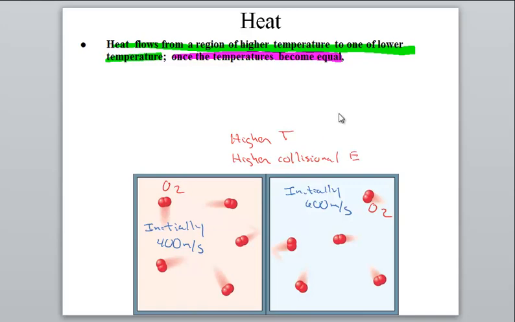If the average speed is higher on the right-hand side, it means that it has a higher temperature. The faster something's moving, when it does collide, it would have a higher collisional energy. I mean, you worry more about crashing at 60 miles per hour than if you're only traveling 5 miles per hour in your car. So on the right-hand side, for both of them, it's higher.